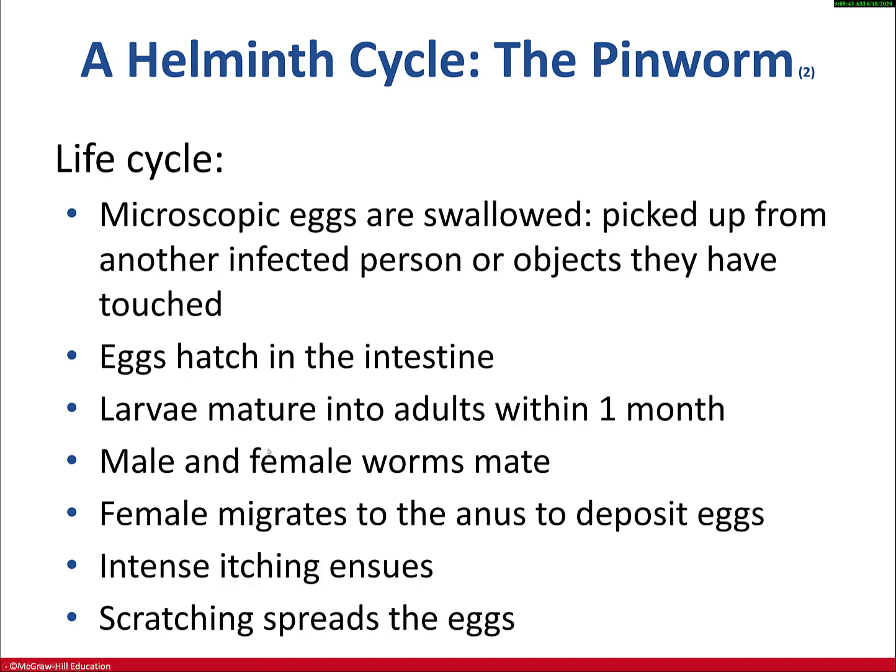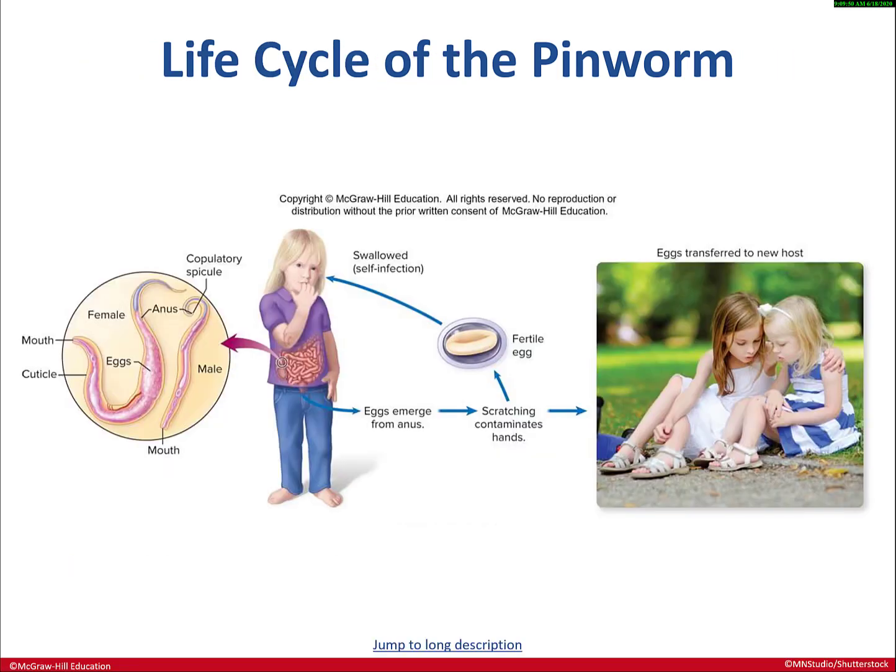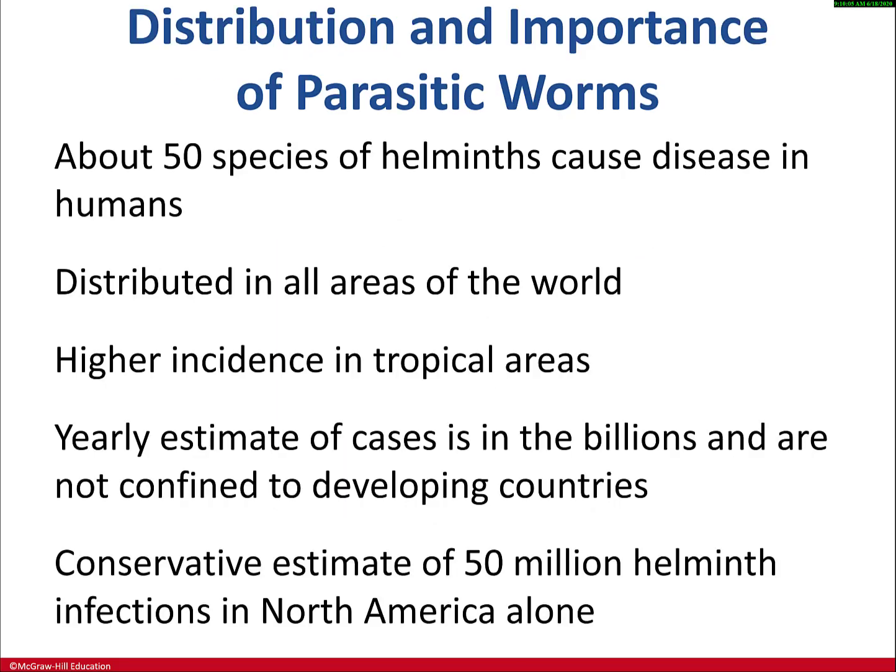A lot of times you see children scratching their bottoms or under their diapers, and then they put it in their mouth, and it goes through the gastrointestinal system. They'll have little pinworms, and you treat that with some drugs, and that's pretty much it.